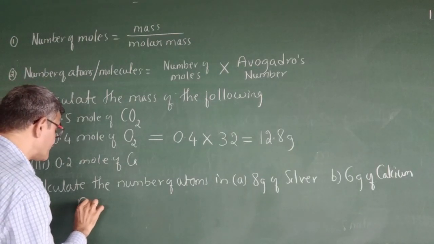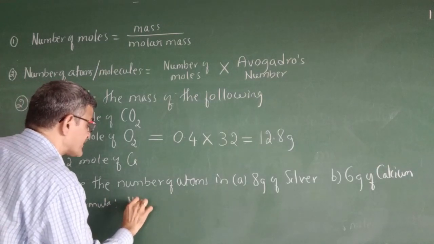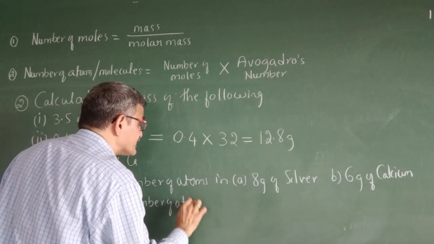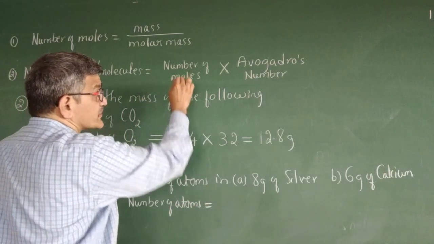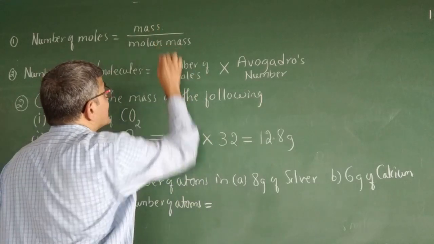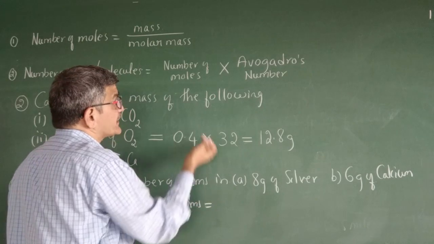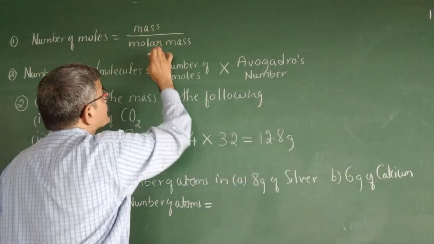Formula. Number of atoms equal to number of moles. Number of moles I will write as mass divided by molar mass. Number of moles is not given here, so instead of finding the number of moles, I will directly write the number of moles formula here.